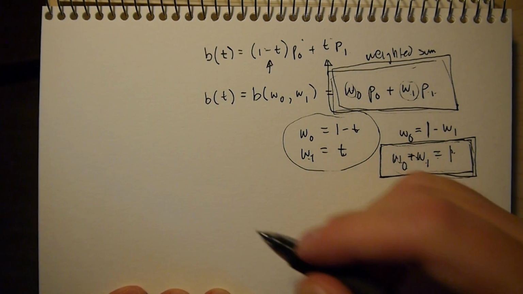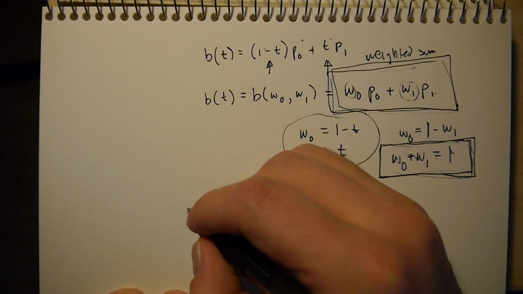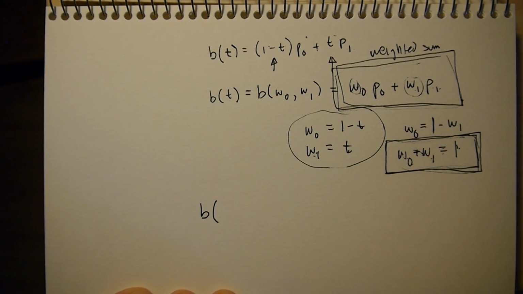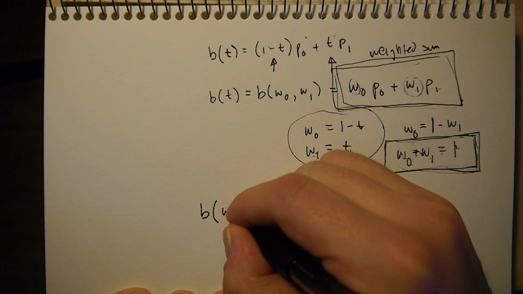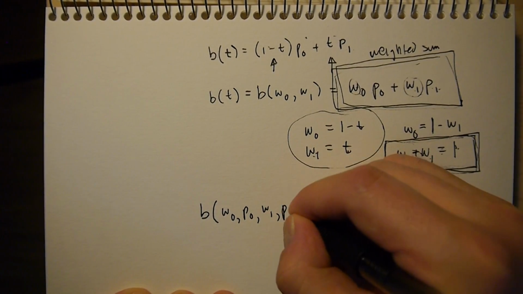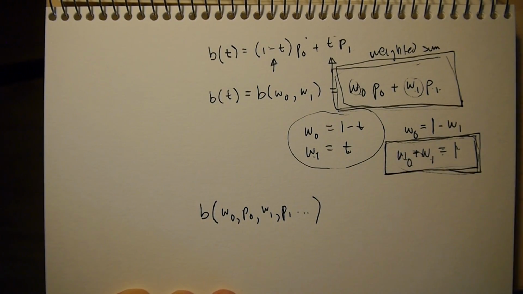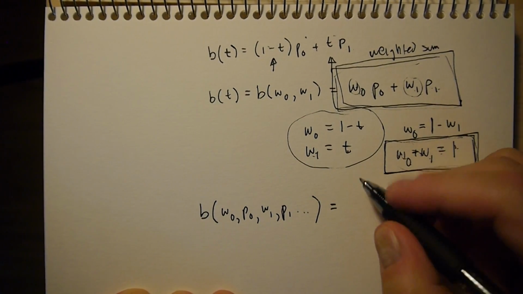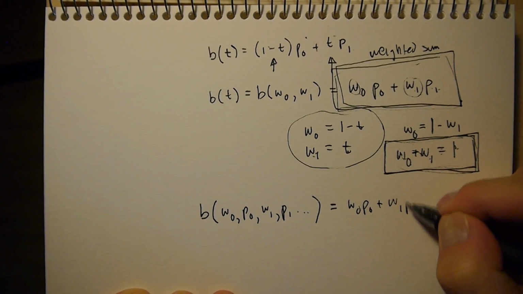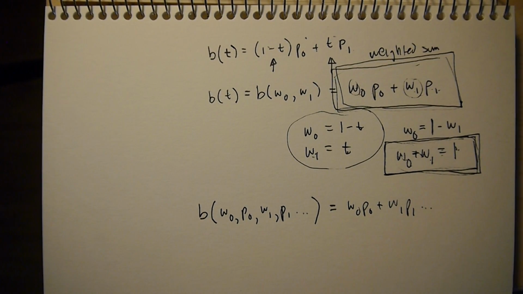What happens if we were to take that a little bit further? What happens if I were to make a function where I take a bunch of sets of these, however many I want, and I say that I have sums of bunches of points, as many as I want?